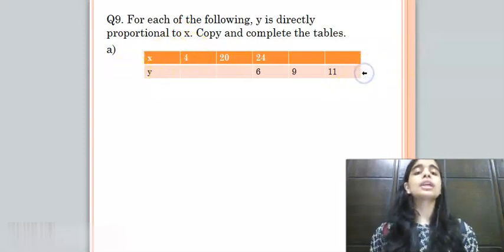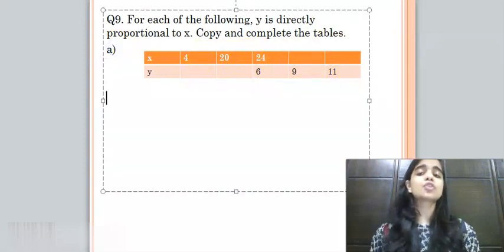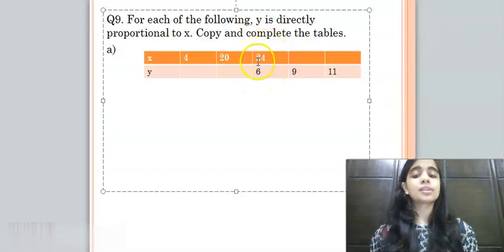Okay, so the easy way to go for this question is not to use the unitary method, because then we have to do it separately for each and it will be time consuming. The easier method is to find k. And how can we find k? We should always look for the value which is complete, in which we have the x value as well as the y value.